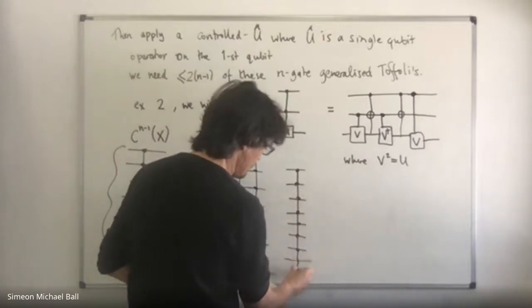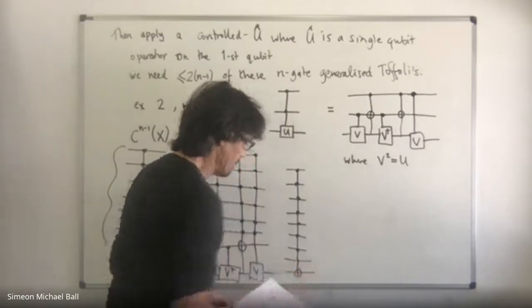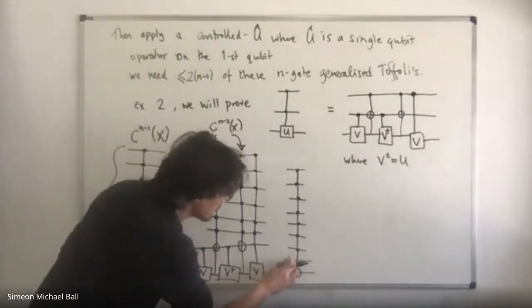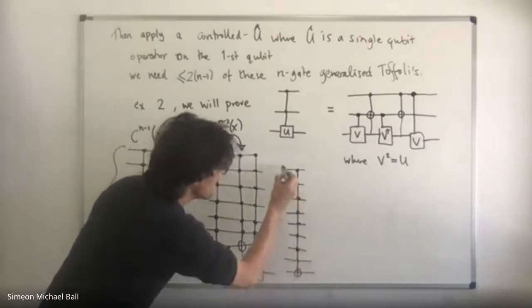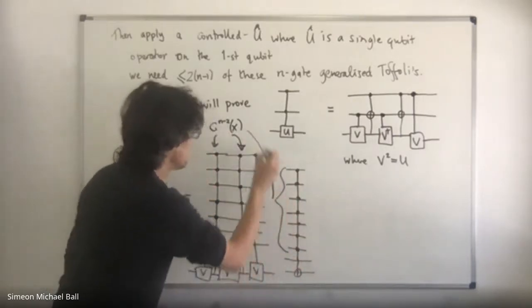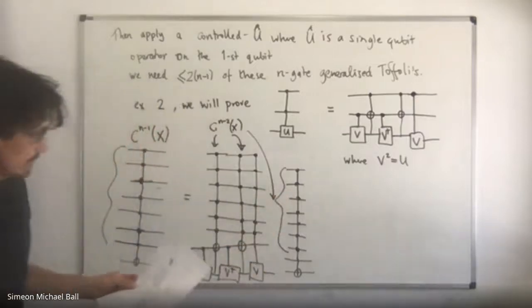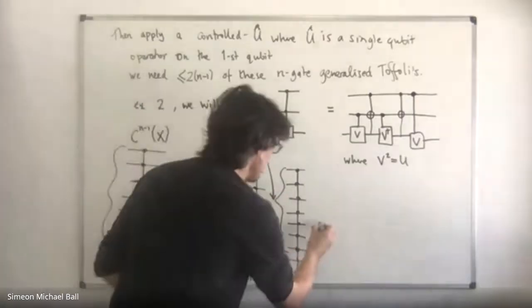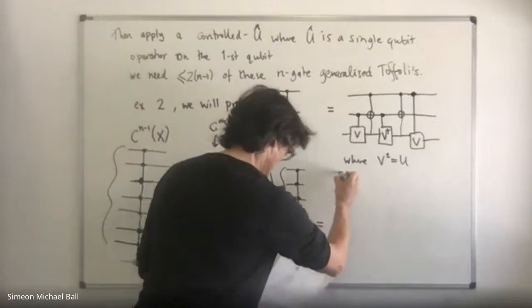With the qubit that you're not using, so there's no dot here, this is another C^(n-2), and we can break this one down in the following way.